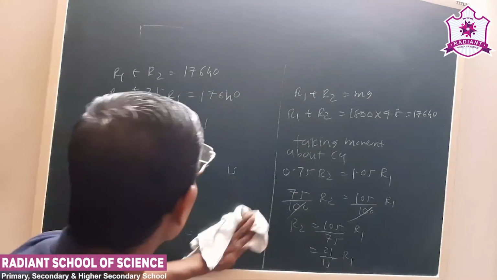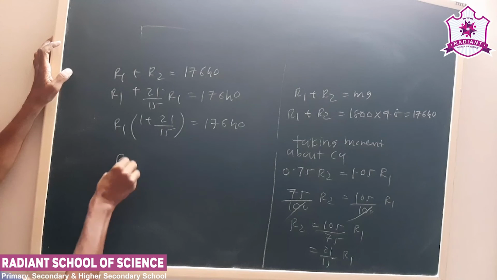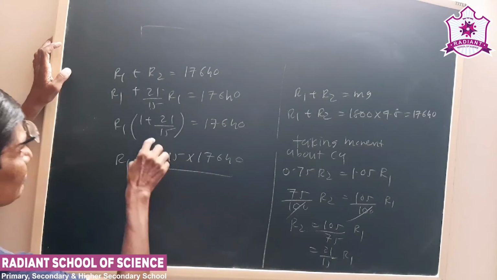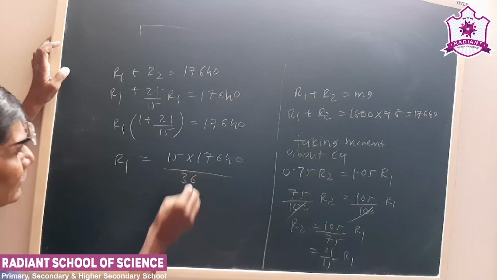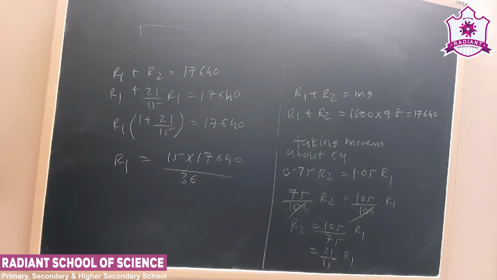Now if we simplify, 15 plus 21 is 36. Now that will get us the value of R1 as 7350 Newton.